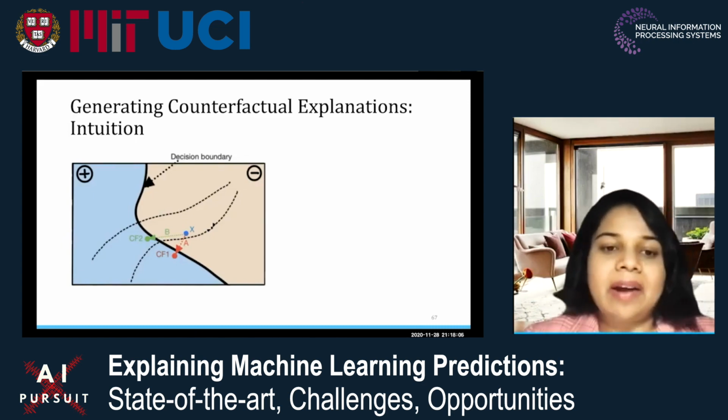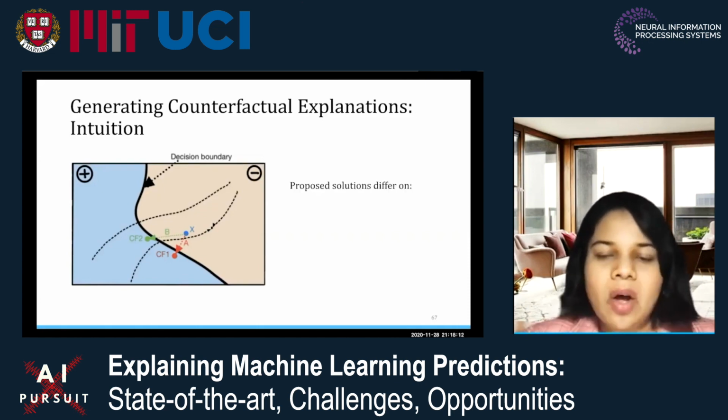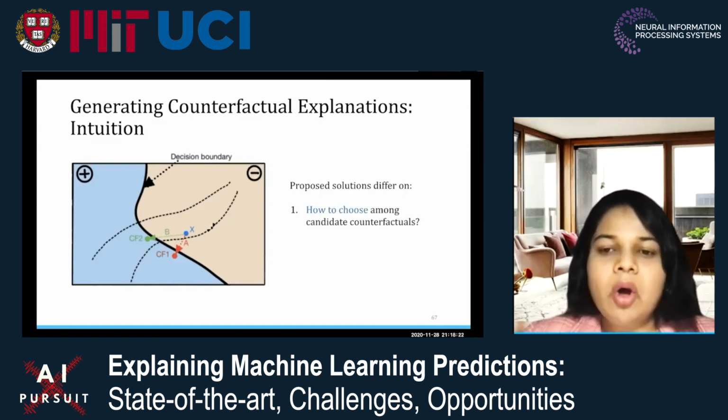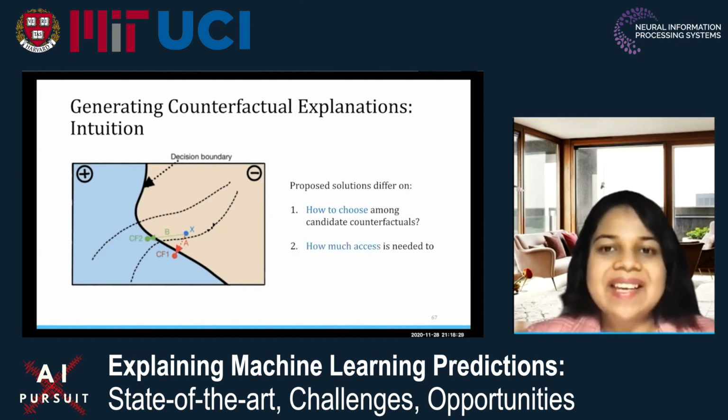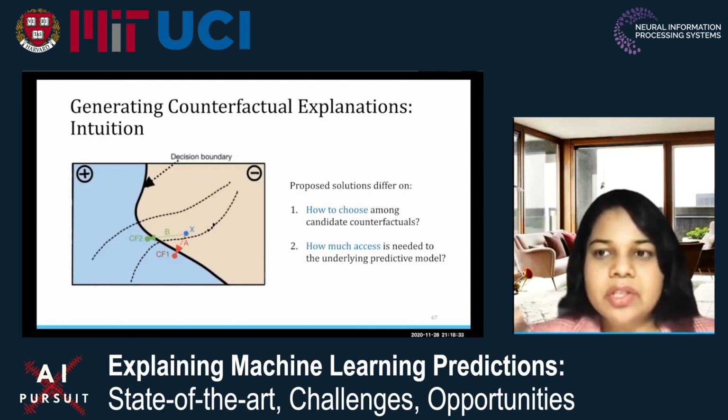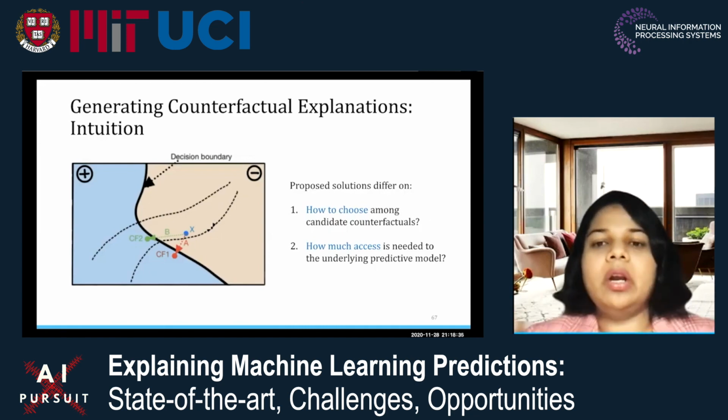So both of them are actually valid counterfactuals of X. A lot of the different algorithms designed to generate counterfactual explanations pretty much differ on 2 key questions. One is how to choose among the various possible candidate counterfactuals, and the second is how much access is needed to the underlying predictive model when we are trying to determine what the counterfactual would look like.